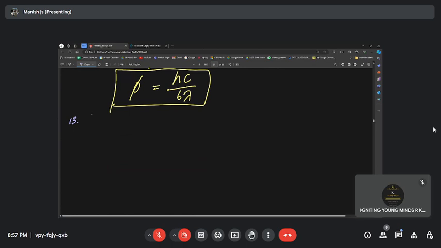Terminal speed. Terminal speed of 2 centimeter radius ball in a viscous liquid is 20 centimeters per second.